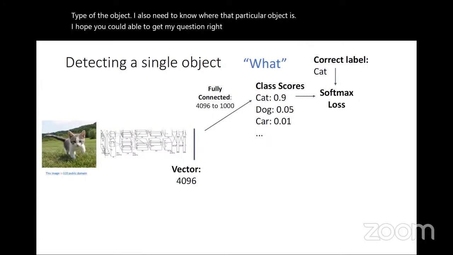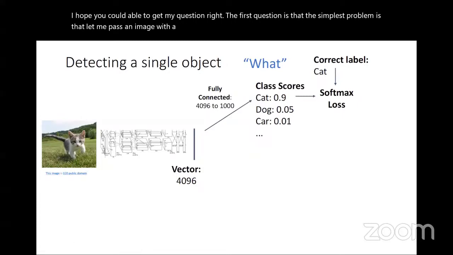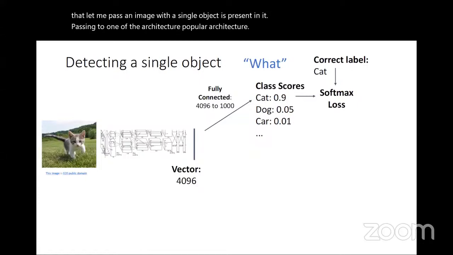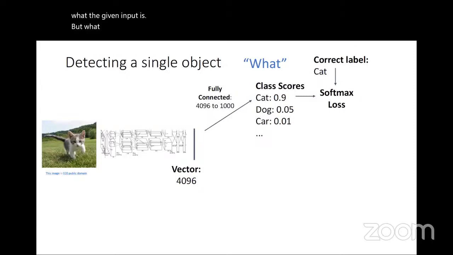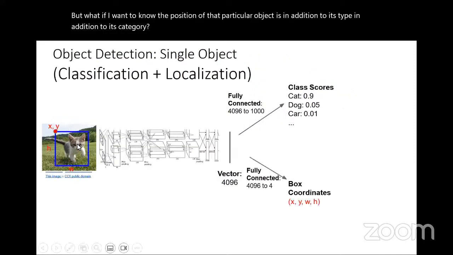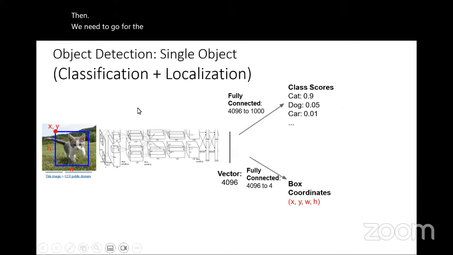The simplest problem is to pass an image with a single object to one of the popular architectures, get the output, pass it to the fully connected layer and softmax so that we can recognize what the given input is. But what if I want to know the position of the object in addition to its category? Then we need to go for object detection concepts rather than classification problems.